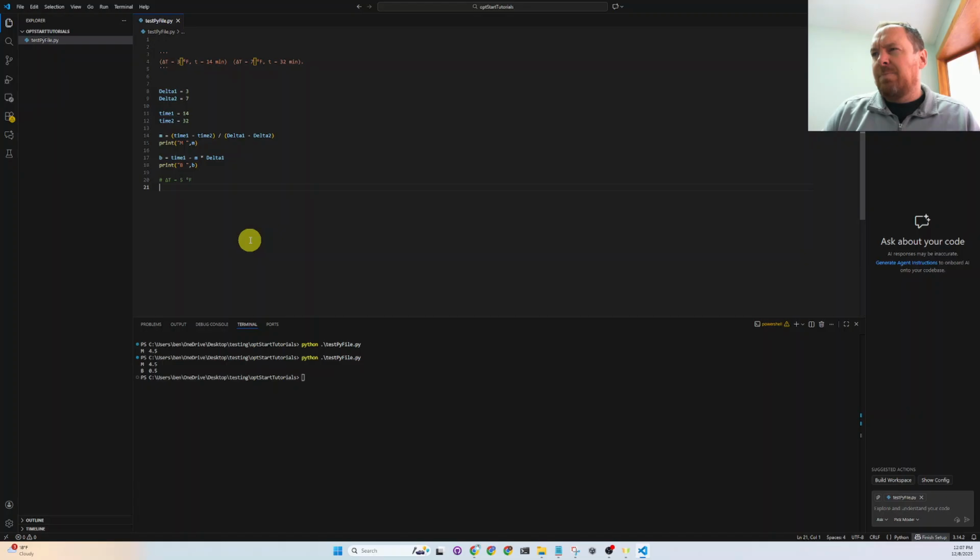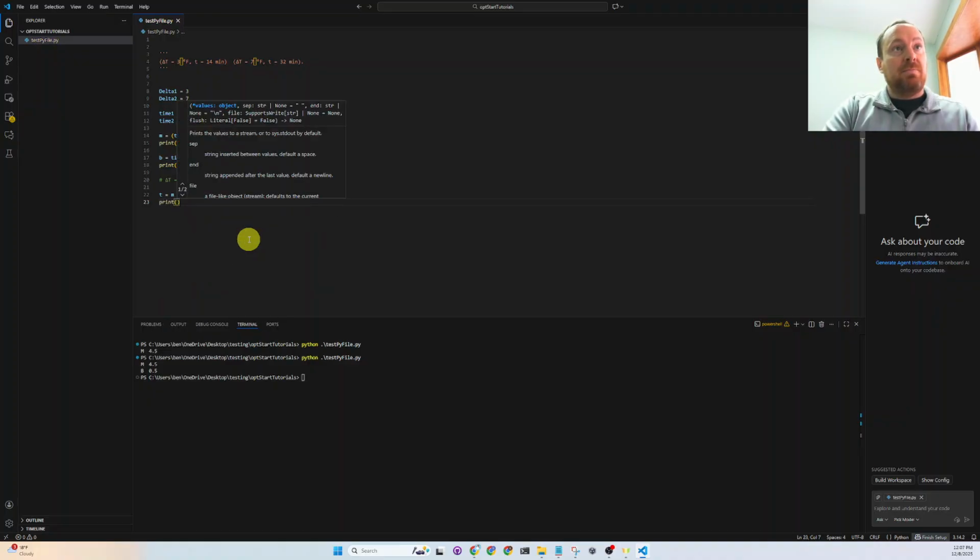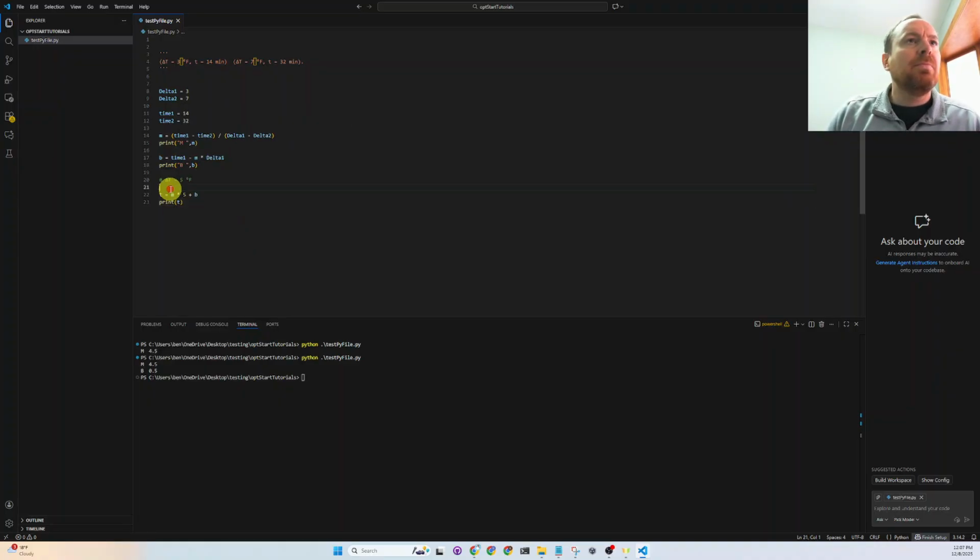Okay, so then we would just need to do t equals m times 5, which is our new data point that we're off by, and then this should be our warm-up time that we'd be needing to compute.